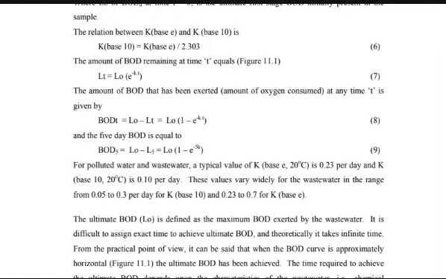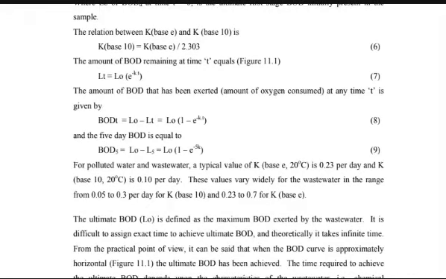We know the value of k, the rate constant, and we know t, which is 5. From that I can easily calculate the value of ultimate BOD. L0 is nothing but BODu. Is it okay, everybody? Yes, sir. Okay, so you write this formula and put in the values.